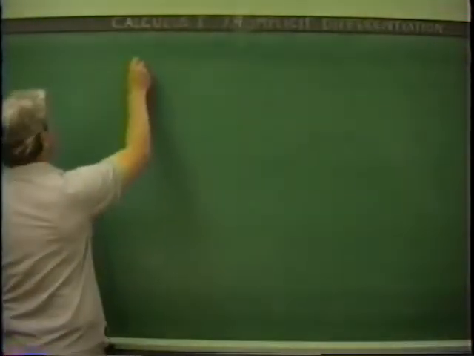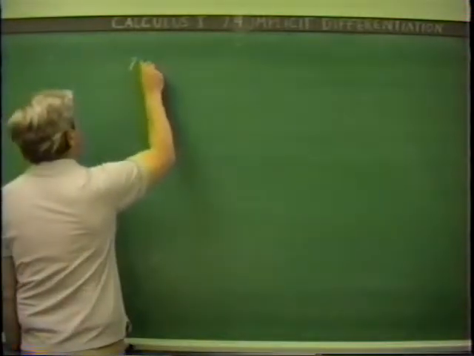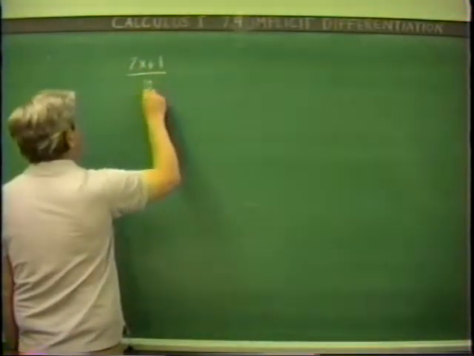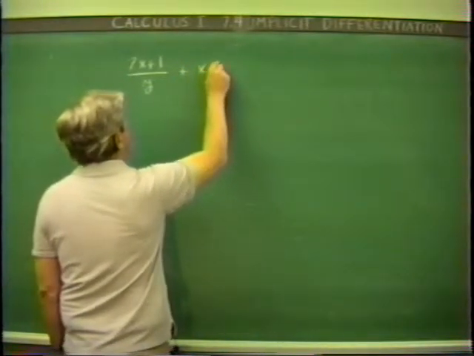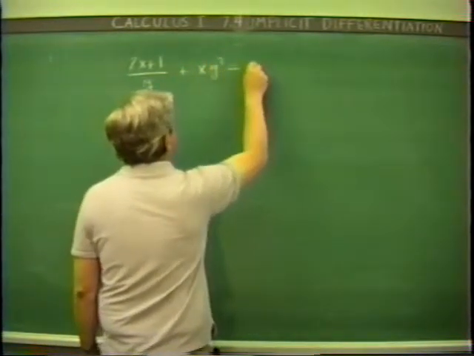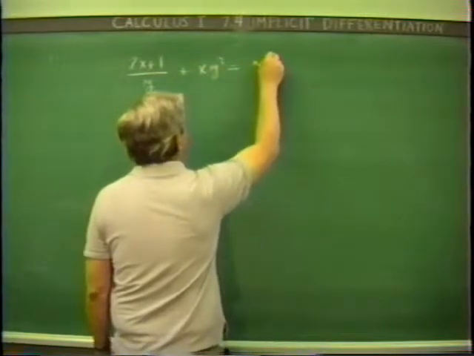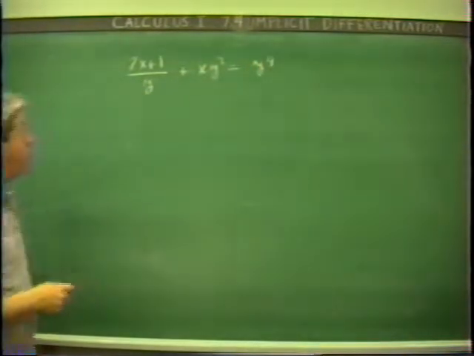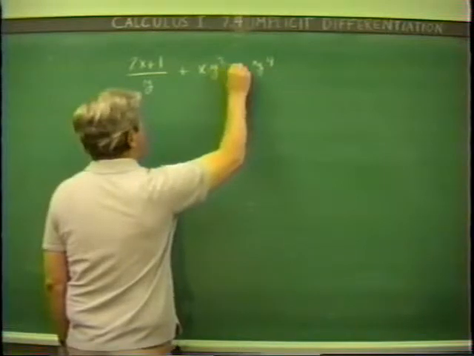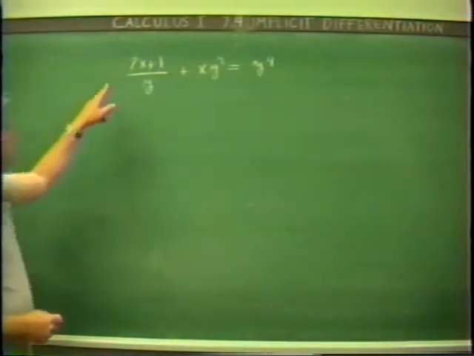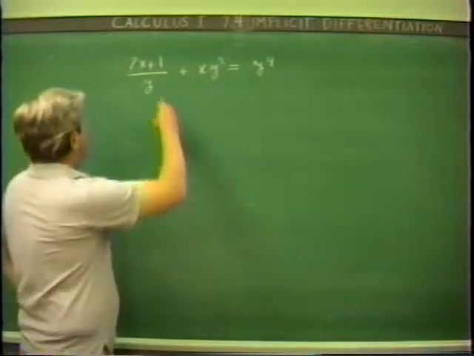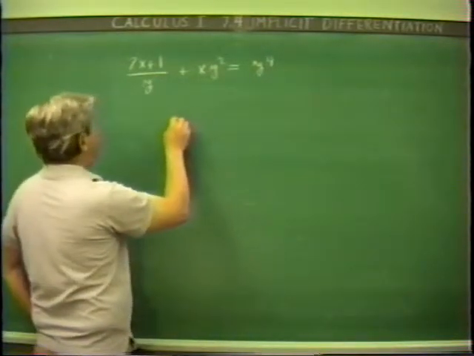Okay. Here's another example. Let's take 7x plus 1 over y plus x y squared is equal to y to the 4th power. Well, to differentiate this, we've got, first of all, a quotient here.